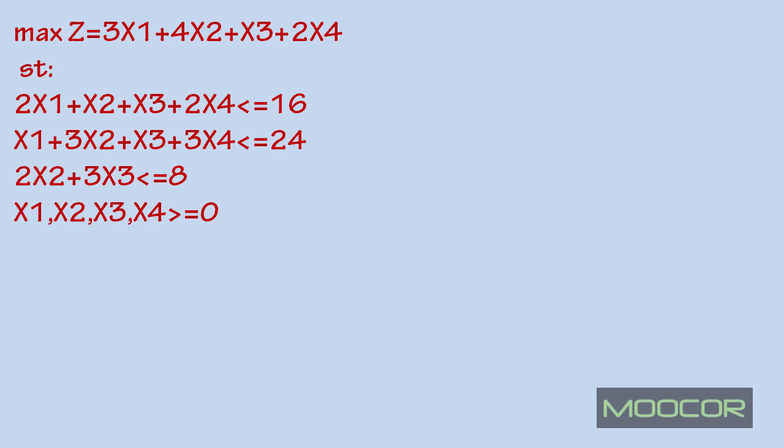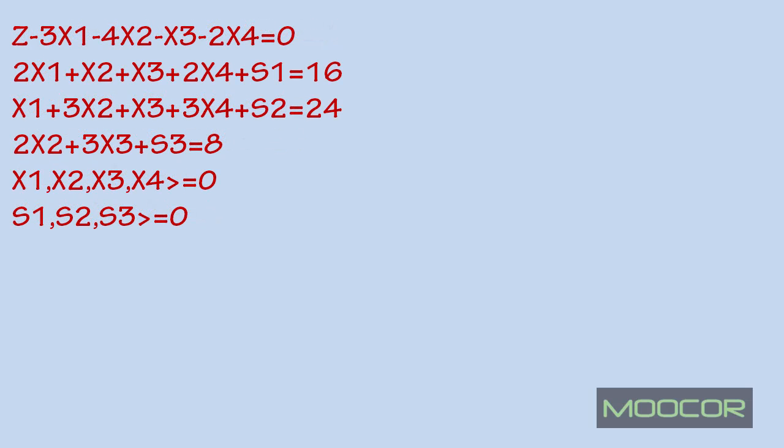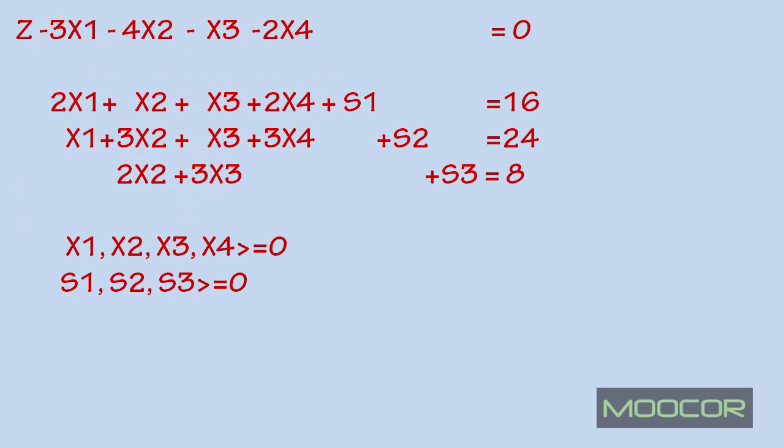All variables are greater than or equal to 0, and all 3 constraints are less than or equal. We will write the standard form of the problem, and we will reorganize it such that all variables are written underneath each other. That way it's easy to recognize the set of coefficients for any specific variable.